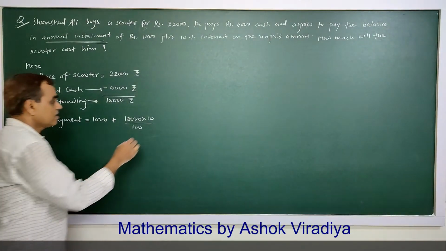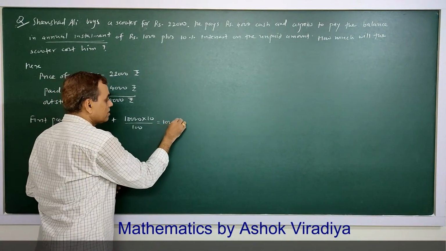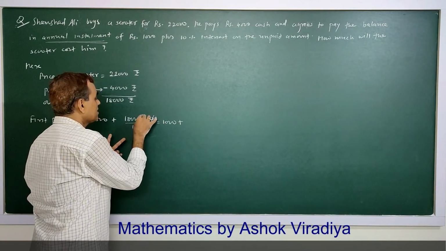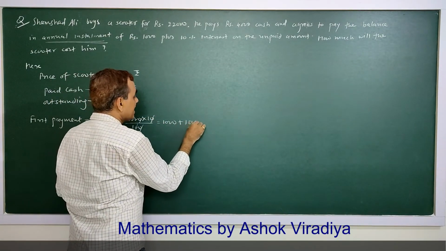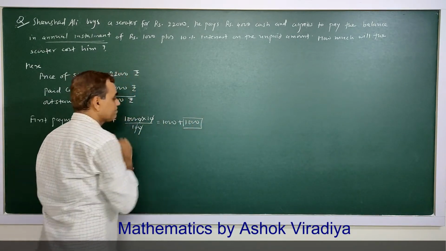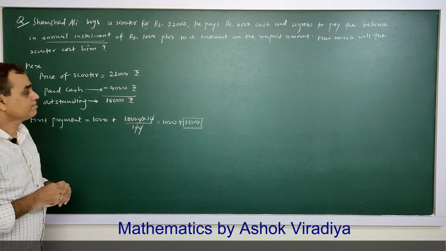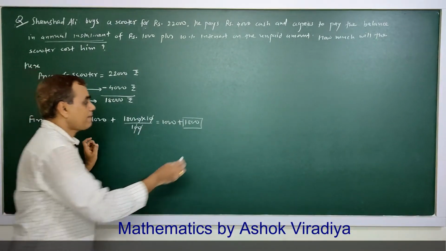So this is 1000 plus 1800, and this is the interest. This is the interest with the first payment.